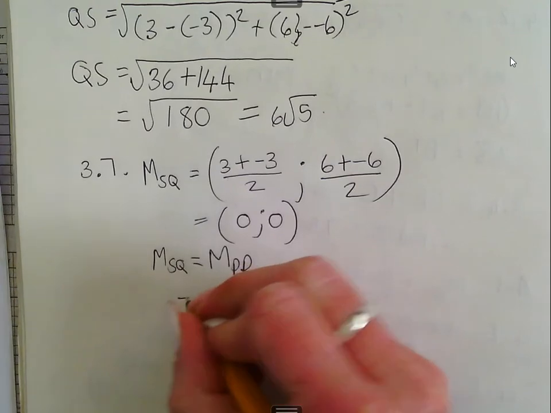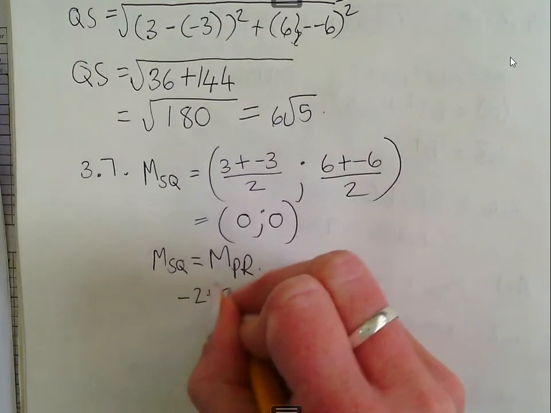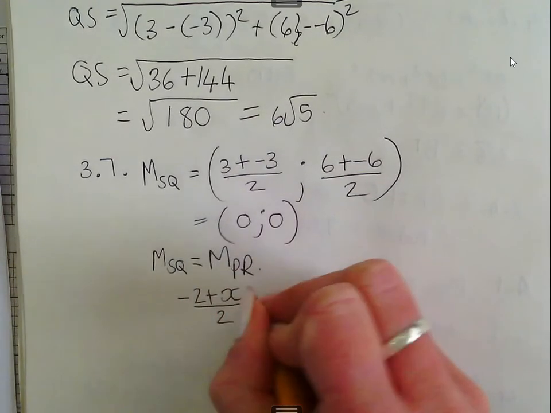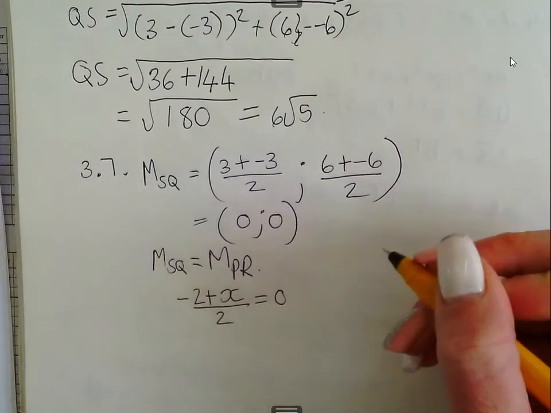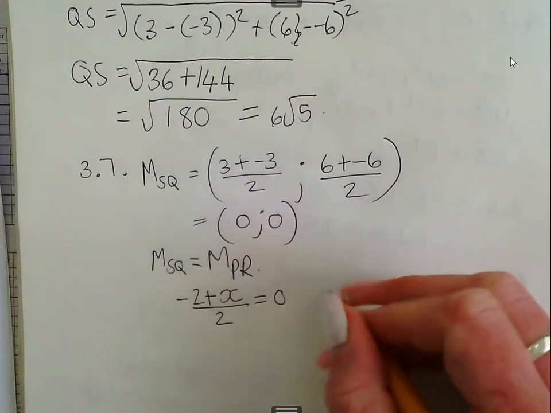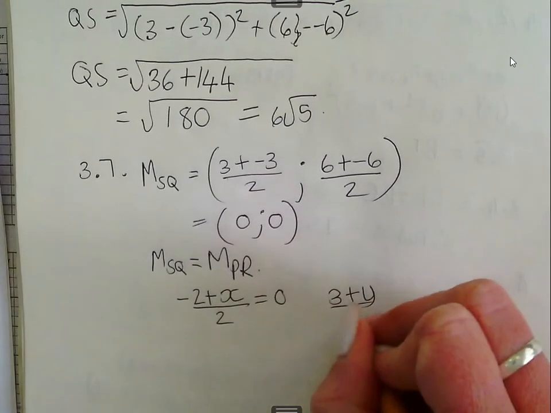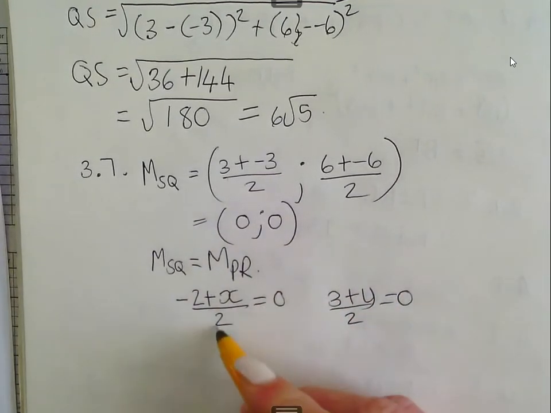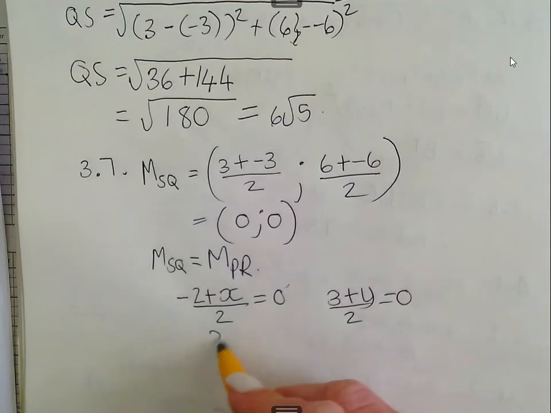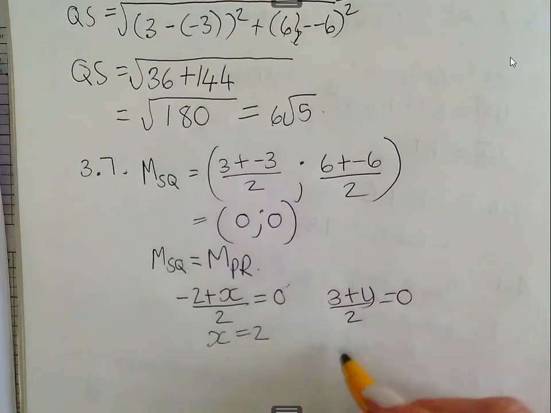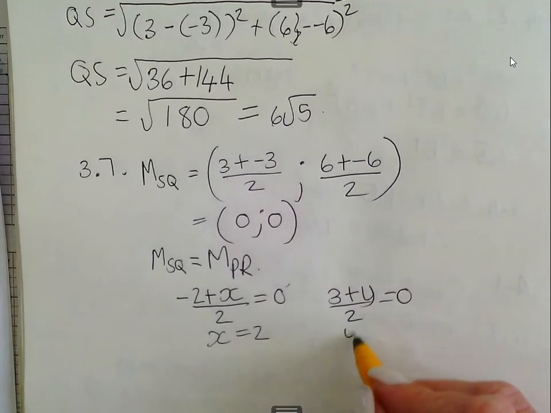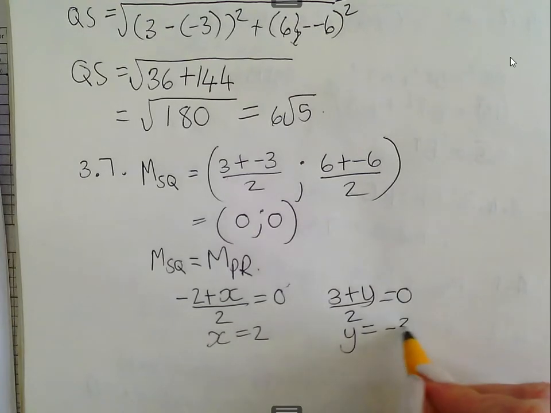And now I know that -2 plus x divided by 2 must be equal to 0, and 3 plus y divided by 2 must be equal to 0. So I multiply with 2, it cancels out, and then x is equal to 2. I multiply with 2, it cancels out, and then y is equal to -3.